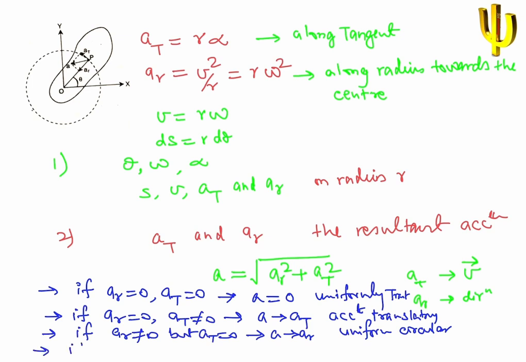Further, if both AR and AT are not 0, in that case A will be given by this equation and motion will be non-uniform circular.